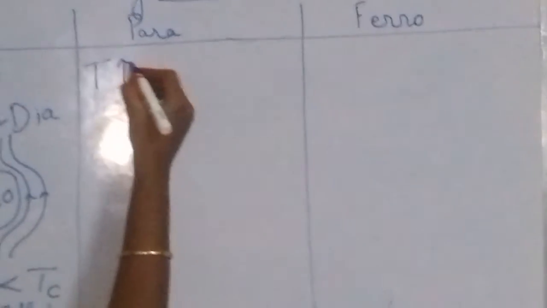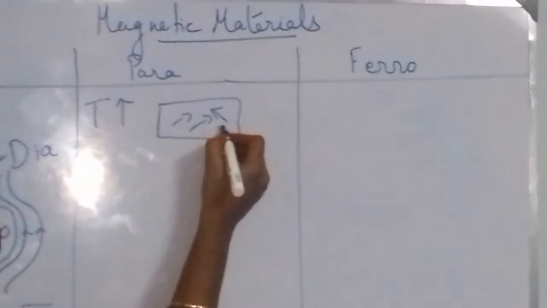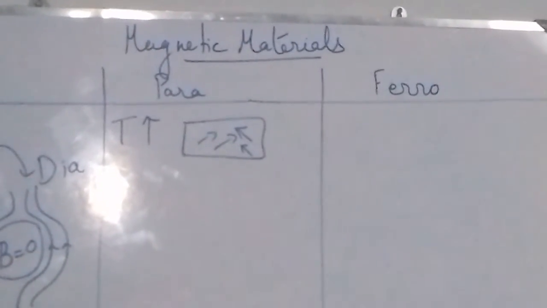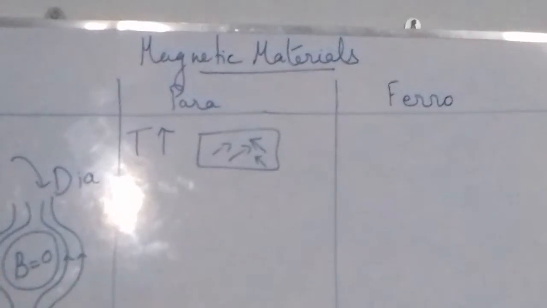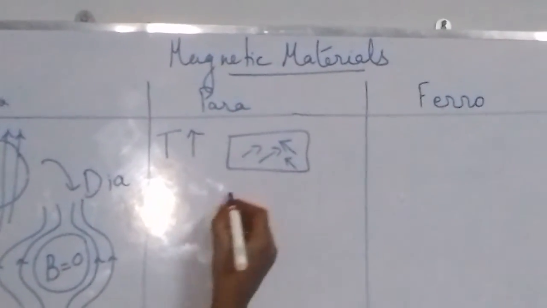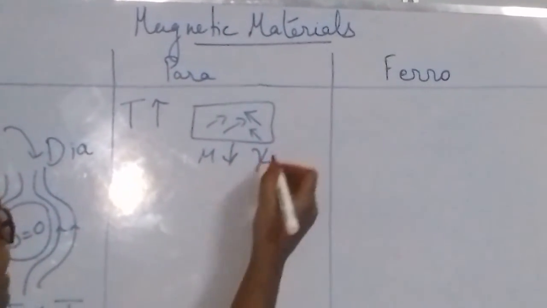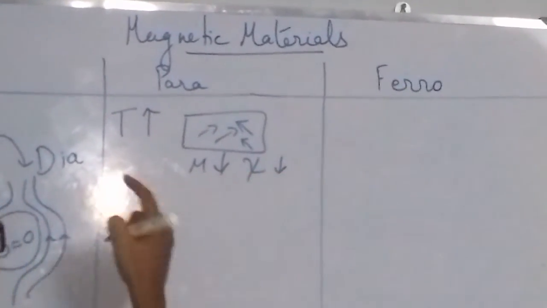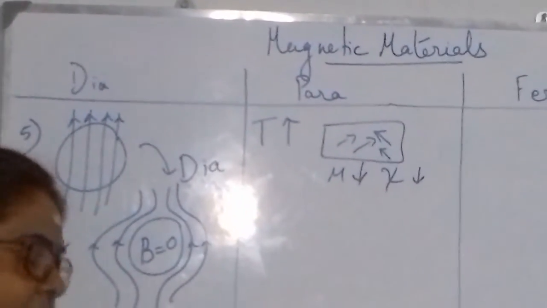Next is paramagnetic. What will happen to the paramagnetic material when you increase the temperature? There is a random alignment, randomly oriented spin magnetic moments, but when you increase the temperature, this orientation will lead to further misalignment. So the magnetization drops, the susceptibility becomes a very small value, and the magnetizing effect will reduce.